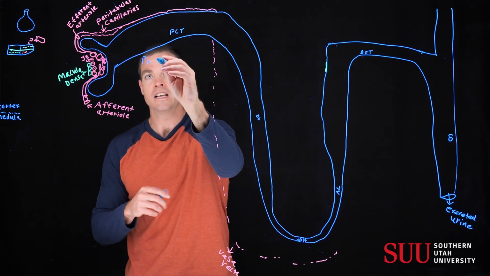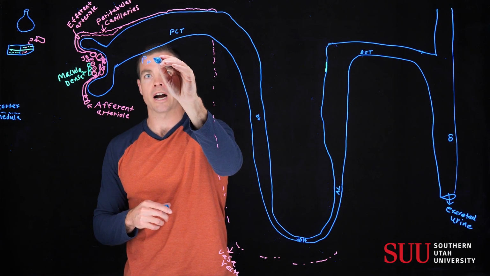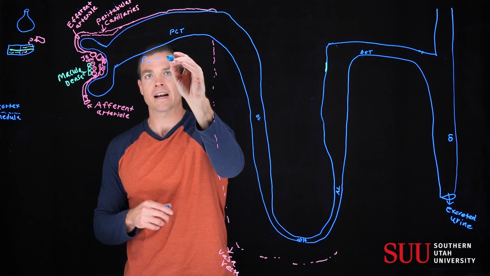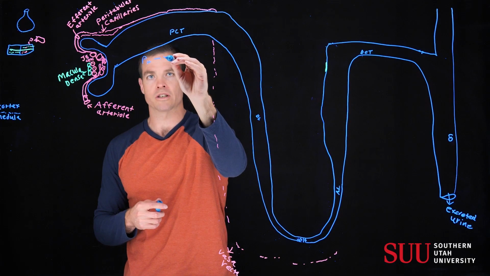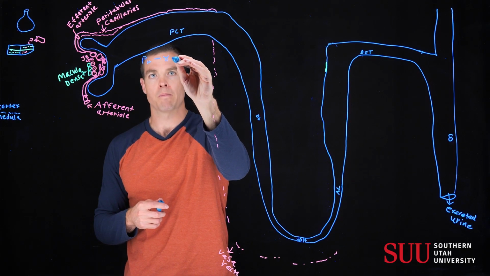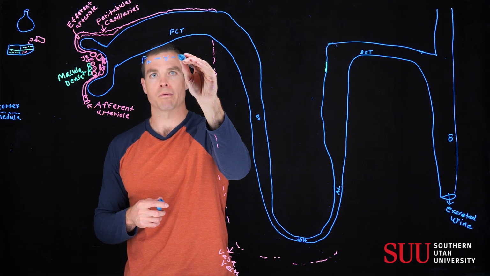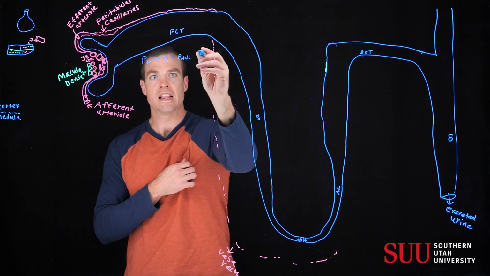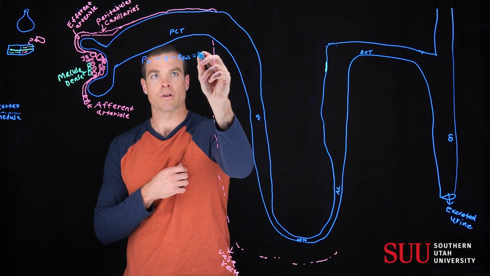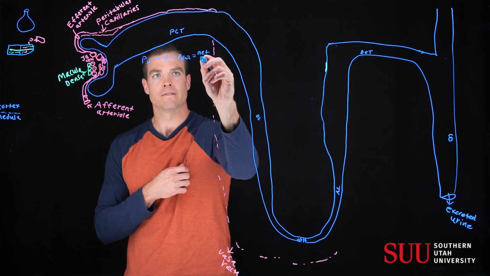This is pressure. And if we take the hydrostatic pressure and subtract from it the colloid osmotic pressure, and that's going to be represented here, and then subtract the pressure of the fluid inside the capsule, right here, okay? Then that right there is going to equal our net filtration.